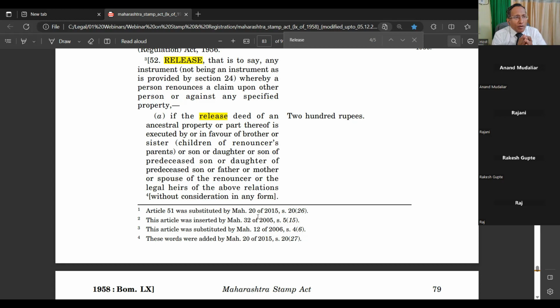Transfer can take place only from the owner, and B is not an owner. So A will be transferring to C and B will be joining as a confirming party. The only issue which could happen is that the consideration is shared between A and B. In fact, in the instant case, that is the case. So what is your question? One transaction, one stamp duty will have to be paid.